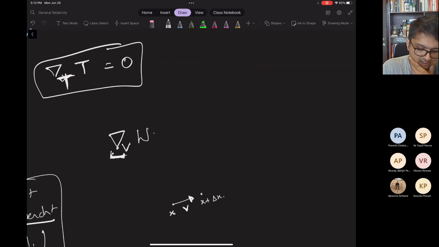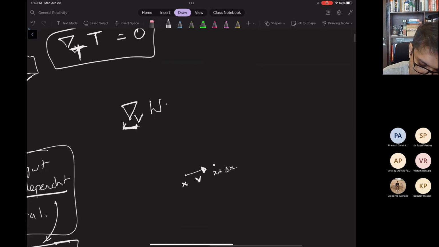So V generates for us a displacement. So delta X nu will be equal to V nu.